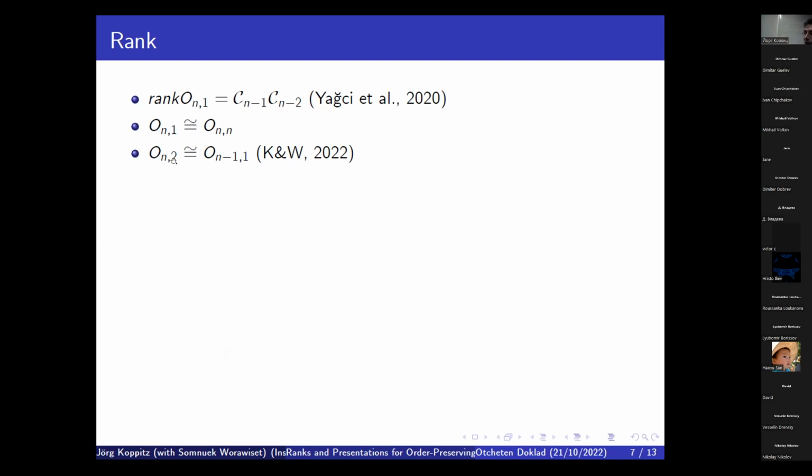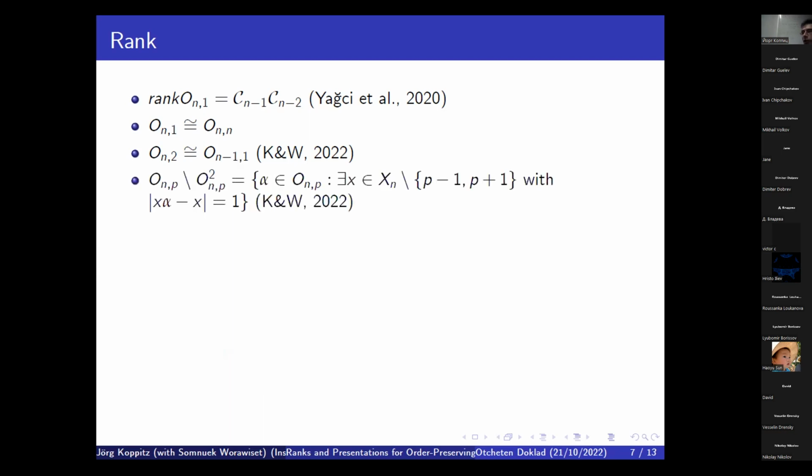If you have 3, the images of 1, 2, and 3 no longer have to be the same, and that's why you no longer have such an isomorphism in general.